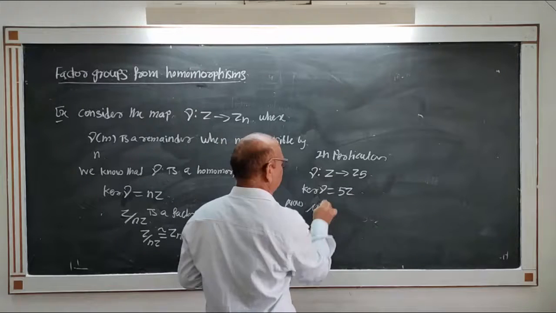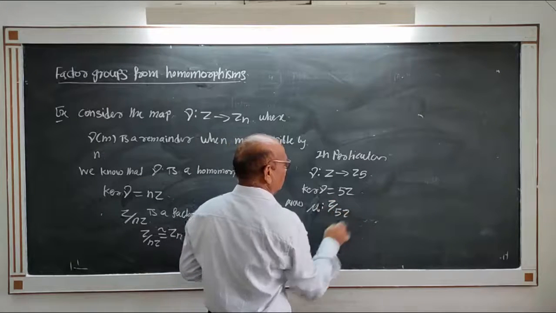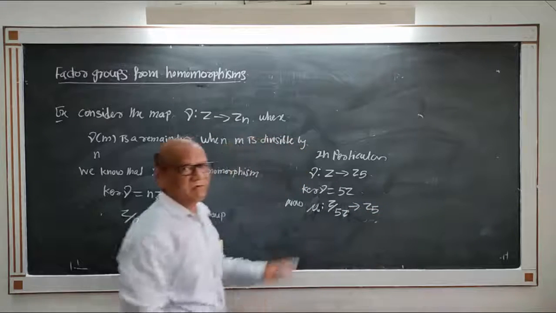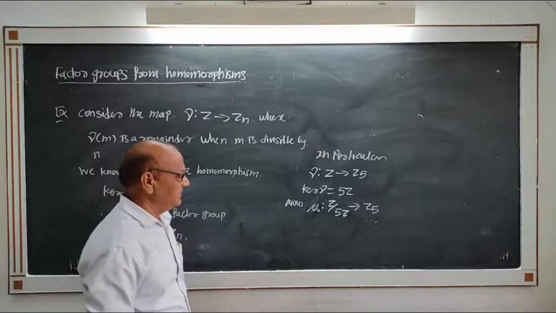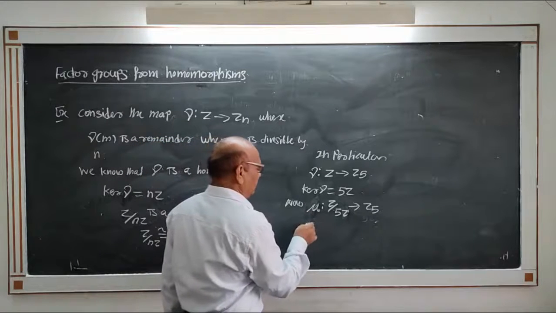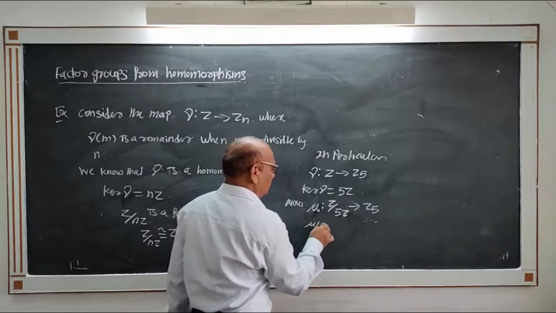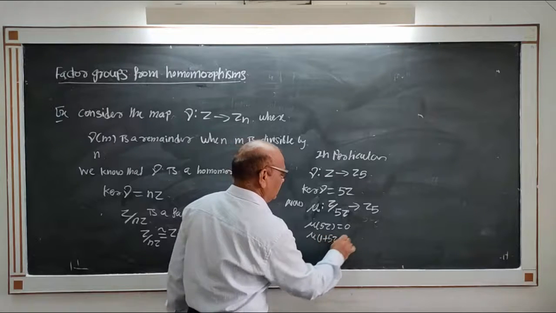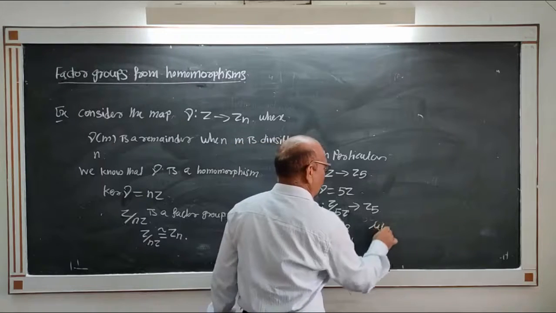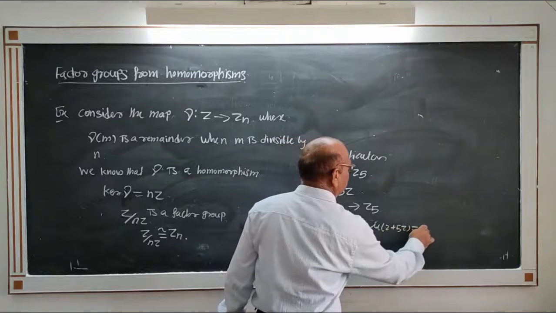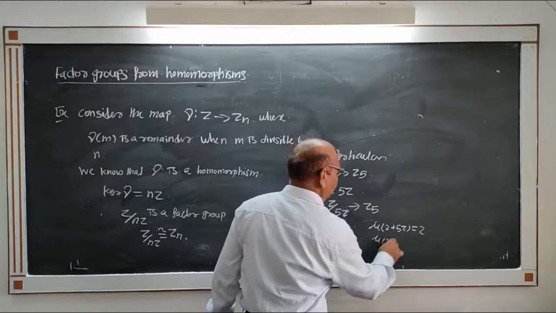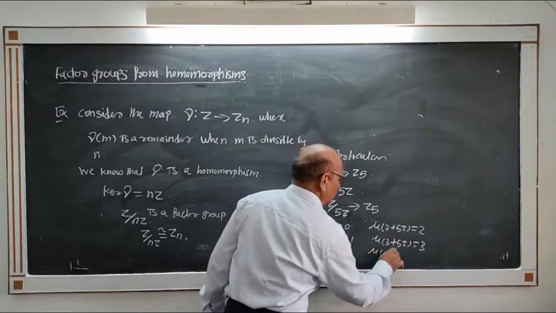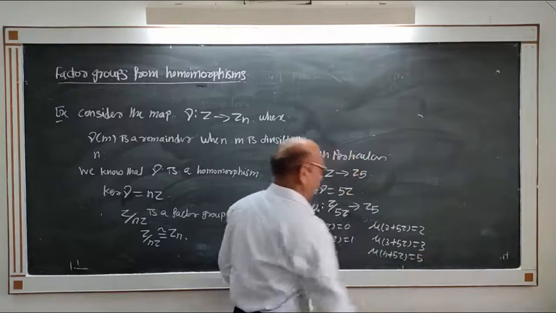from Z by 5Z to Z5 is an isomorphism. Here the corresponding elements: mu of 5Z is equal to 0, mu of 1 plus 5Z is equal to 1, mu of 2 plus 5Z is equal to 2, mu of 3 plus 5Z is equal to 3, and mu of 4 plus 5Z is equal to 4.